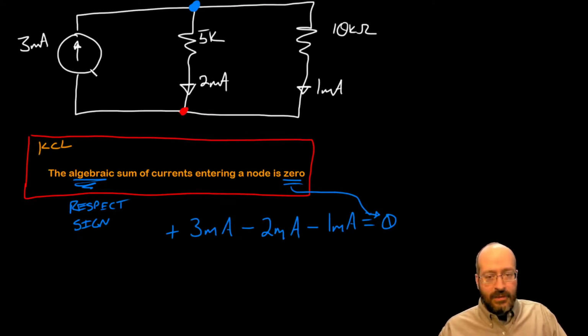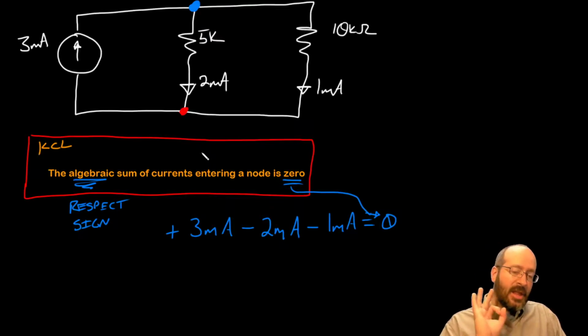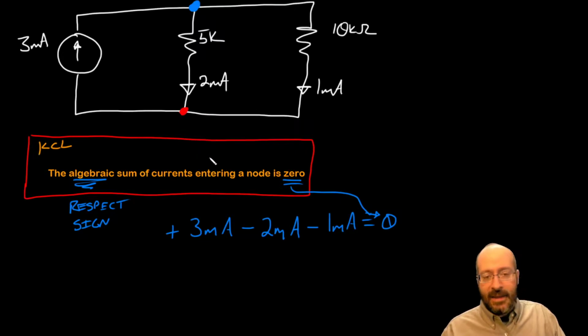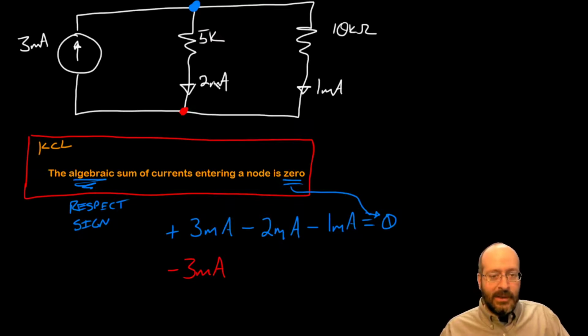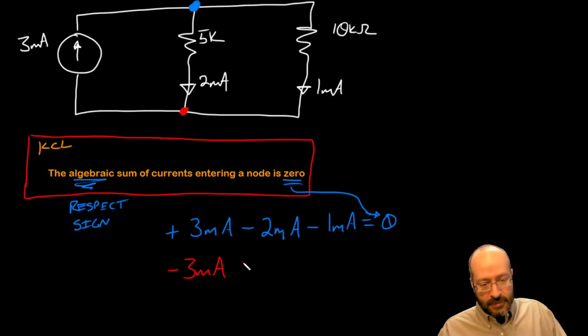So let's take that red node, and once again, we've got 1, 2, 3 things connected to it. I'm going to get 3 terms in my KCL equation for that node. The 3 mils is now going away from the red node, so it's going to be minus 3 milliamps, often referred to as mils. I don't think I've said that yet. This 2 mils is flowing into the red node, so it's going to be plus.